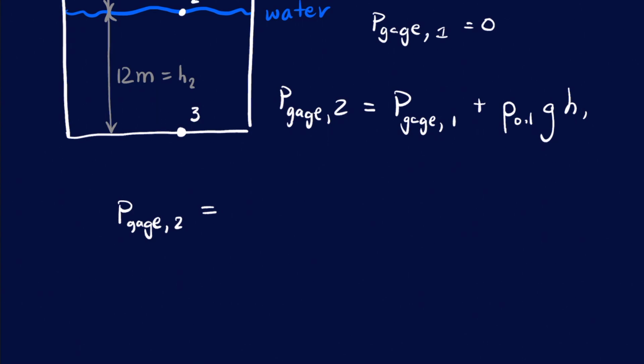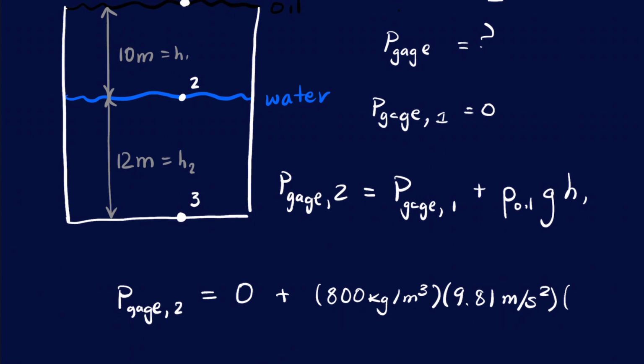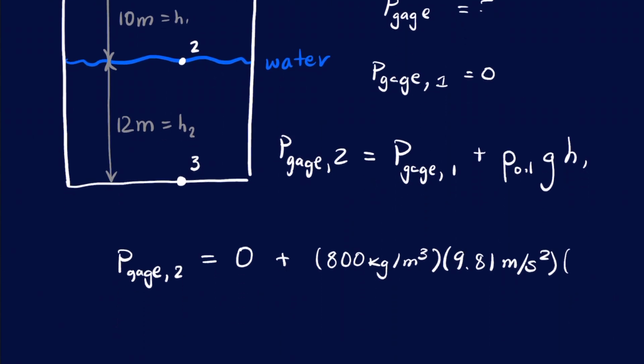So if we fill these numbers in, we'll find that the gauge pressure at point 1 is 0, and then we're going to add the density of oil, which is 800 kilograms per meter cubed, multiplied by gravity, which is 9.81 meters per second squared, multiplied by the depth of oil at point 2, which is 10 meters.